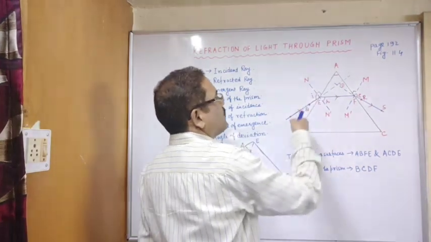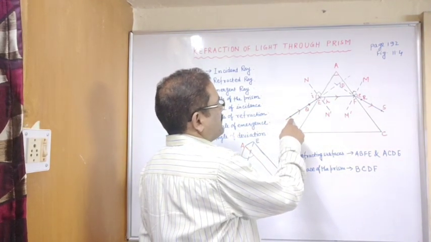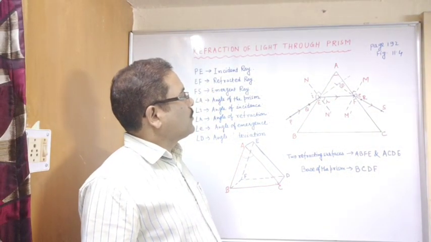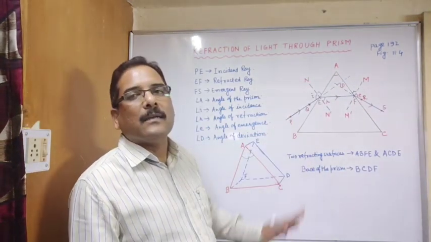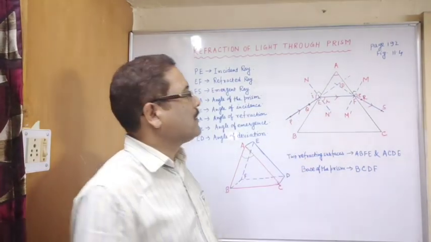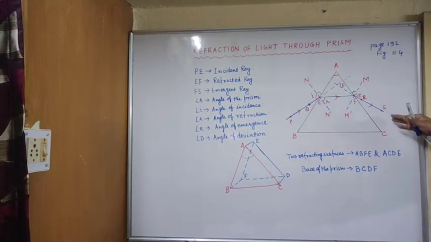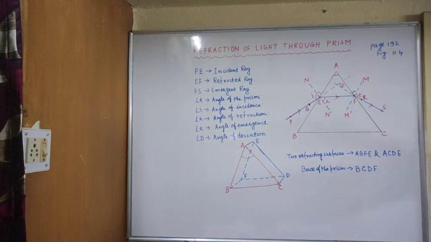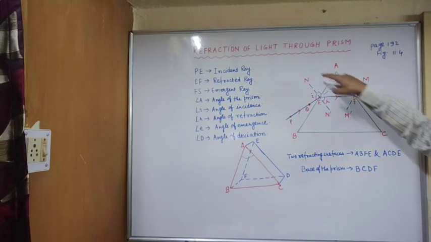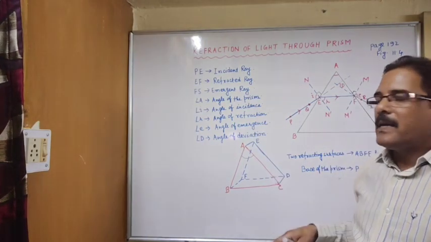Now these are the two refracting surfaces. On one side we will fix two pins. Suppose P and Q are two paper pins. So this acts as an incident ray. Now we have to see the image of these two pins from the other side of the prism, that is from the other refracting surface, and you have to fix two more pins R and S such that P, Q, R and S appear to be in the same straight line.